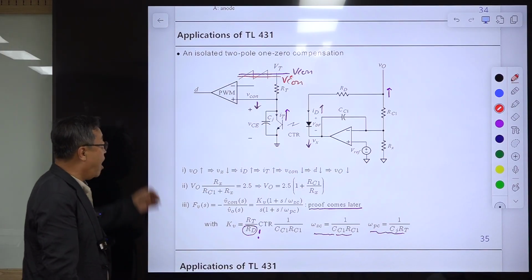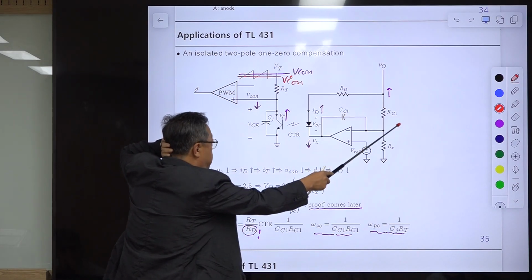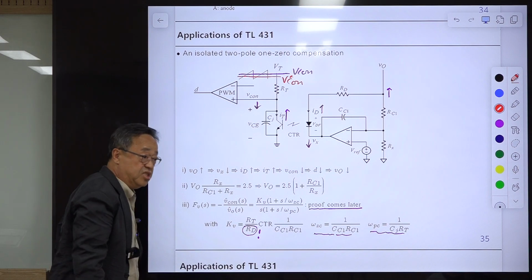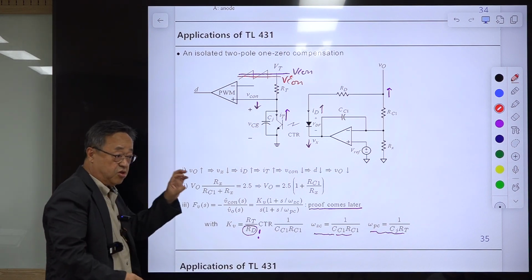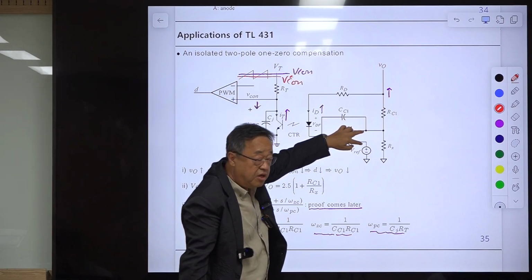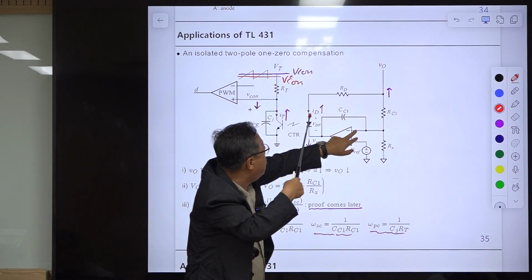Okay. Then output regulation. This is our voltage, and obviously, because of this capacitor, we have an integrator structure. If there is an integrator structure, there is a virtual short appearing here. That means the DC current is not going through this.